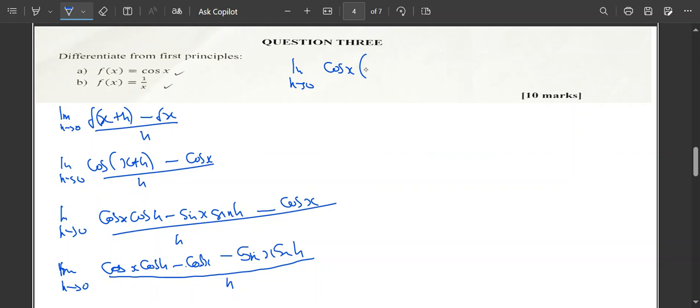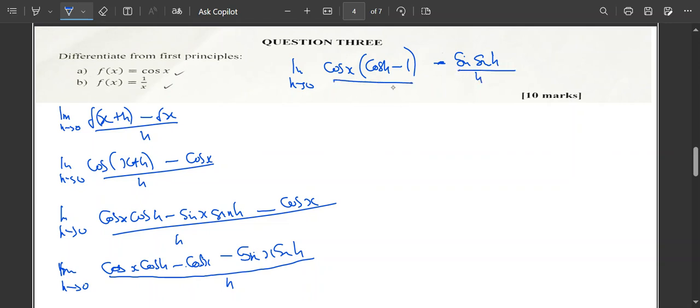So I'll remain with cos h minus 1 there. When you factor out this one, then minus the same sin x, then sin h over h.